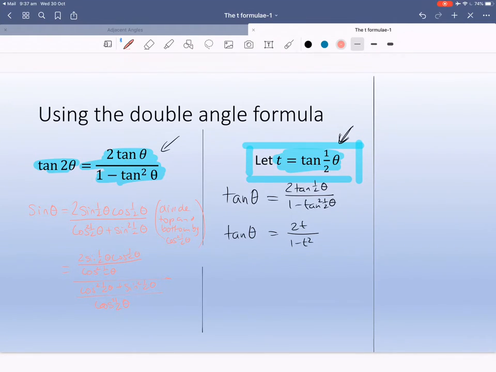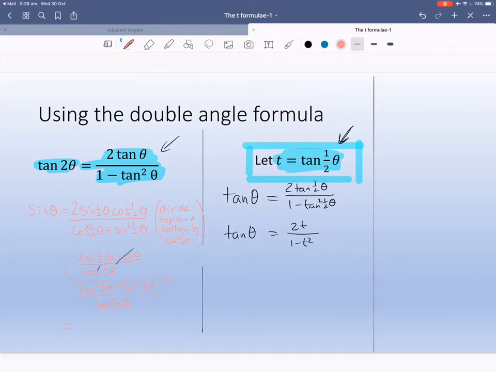And what happens is that I can start cancelling stuff out. I can take one of the coses down there, and then I'm left with just 2. And what's sine over cos? It's tan. In this case, cos squared half theta over cos squared half theta will just equal 1. So hopefully you're following through.